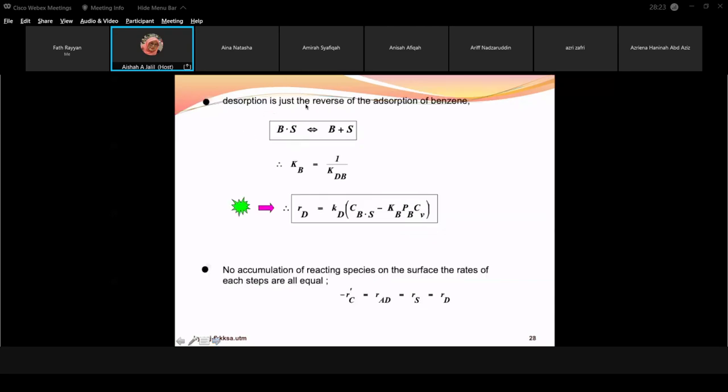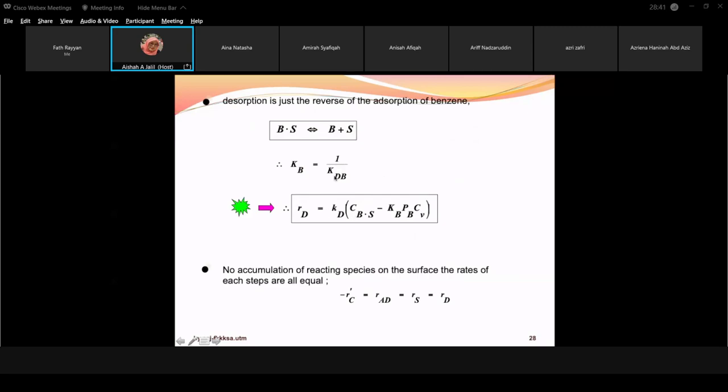And then desorption is just the reverse of the adsorption of benzene. B·S desorbs to become benzene and site. Adsorption is the reverse of the desorption.